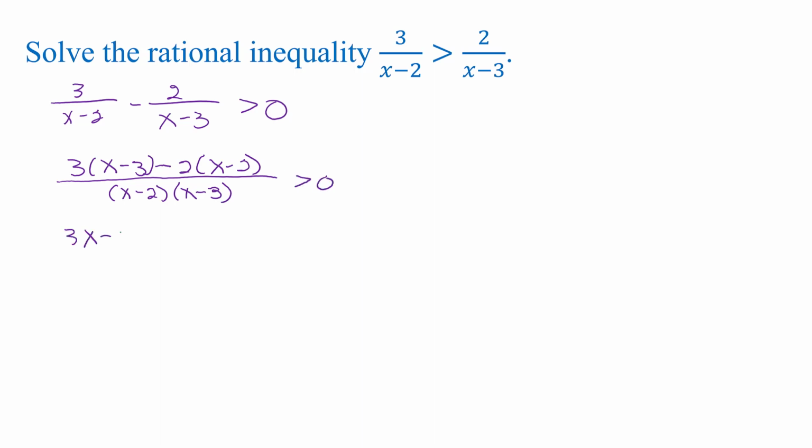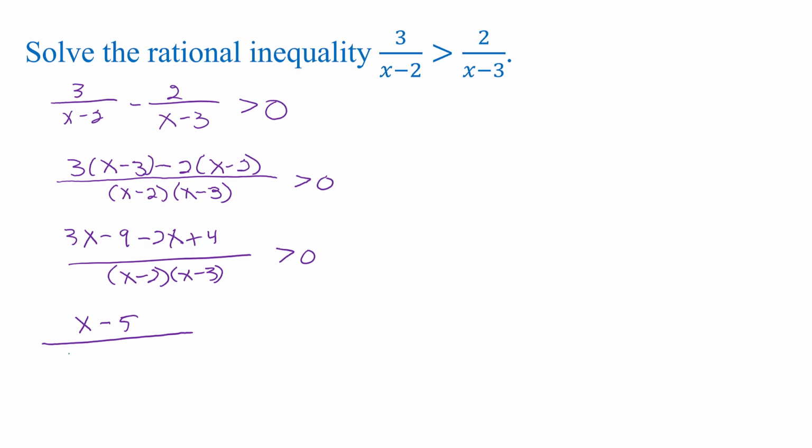We have 3x minus 9 minus 2x plus 4 over x minus 2 times x minus 3, and we get x minus 5 over x minus 2 times x minus 3 greater than 0.